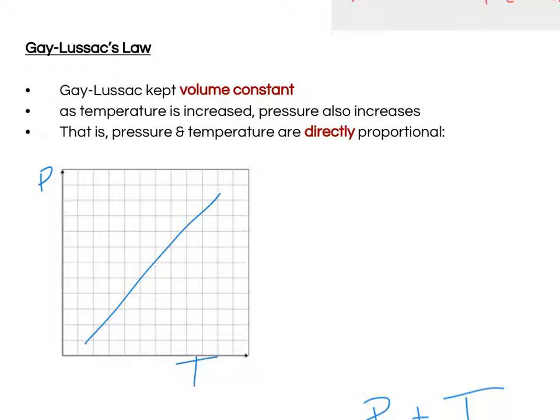I want you to take a minute and come up with what you think would be an appropriate equation here. I'm hoping that you were able to come up with P1 over P2 is equal to T1 over T2, or something similar. Because it's directly proportional, the initial conditions are on the same side of the fraction, and the final or secondary conditions are on the other side, but on the same as each other.